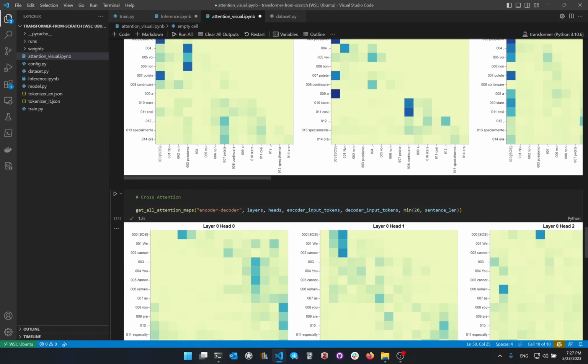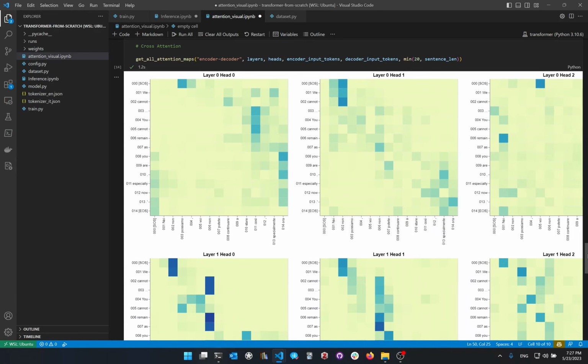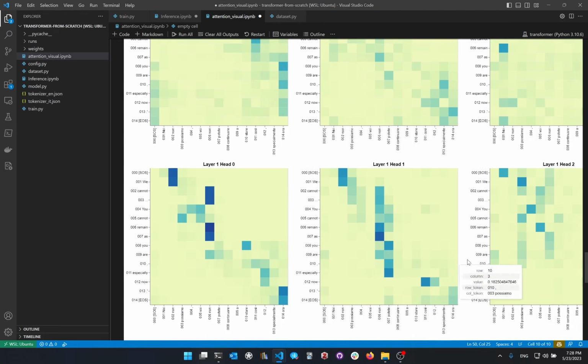This is more or less how the interaction between the encoder and the decoder works. This is where we find the cross attention calculated using the keys and the values coming from the encoder, while the query is coming from the decoder. This is actually where the translation task happens, and this is how the model learns to relate these two sentences to each other to calculate the translation.